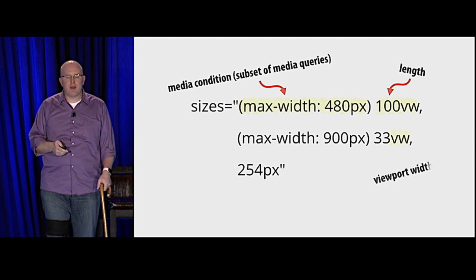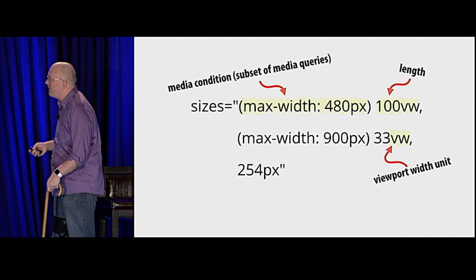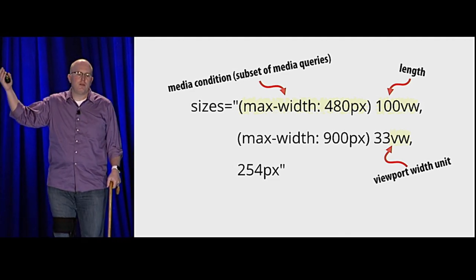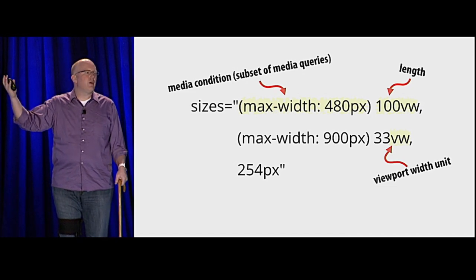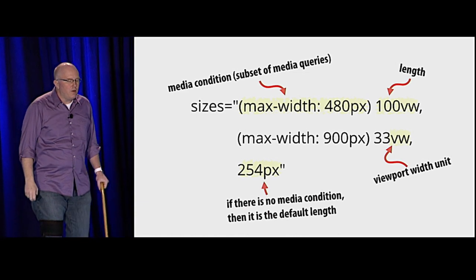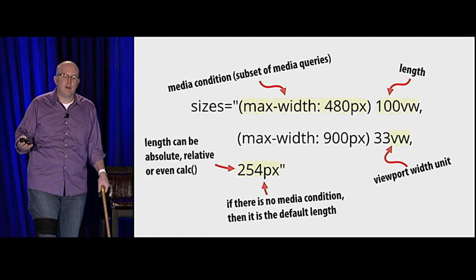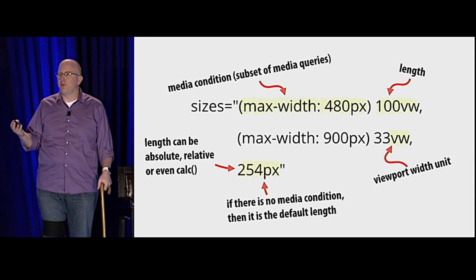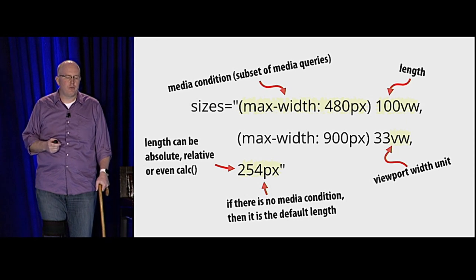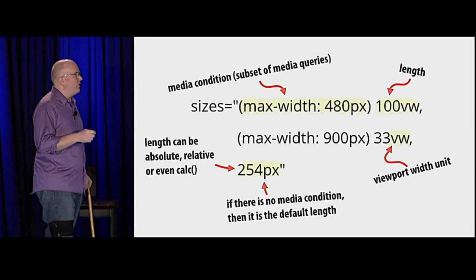In this particular example, these have been defined as viewport widths, which is something that Jen talked about yesterday. So in this case, we've got a width that's 100 viewport width, and then we've got 33, a third of the viewport width. This final value, if there's no media condition, it's assumed to be the default. So in this scenario, this 254 pixel one would apply at any size above 900 pixels. And that length value can be absolute, relative, or even calc.